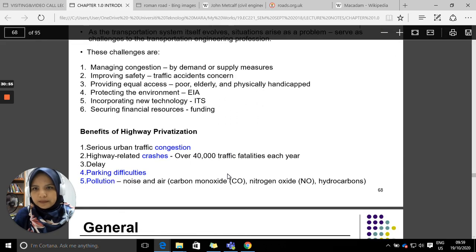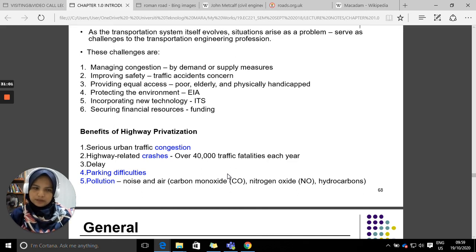Okay, benefits of higher privatization. What is good about this? The Malaysian government might not have the capability to handle the whole highway system or expressway system in Malaysia. So what the government did is they passed it over to the private sector, to PLUS, to handle the PLUS expressway, right?